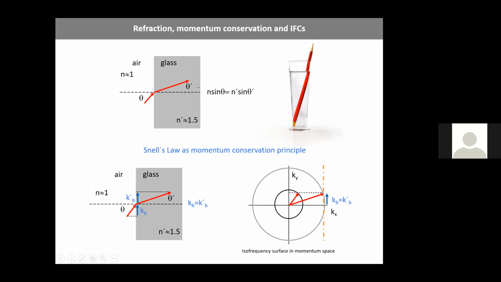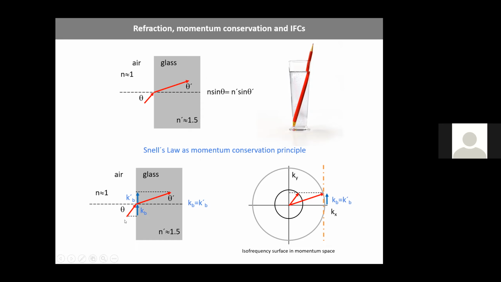This gives us the typical effect that when we put a pencil in water, it bends, right? Okay, but we can see this effect not only by looking at the equation, but from where this equation comes from, and it comes from momentum conservation, as usual in all these equations.